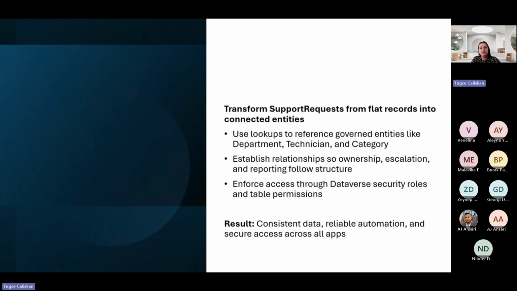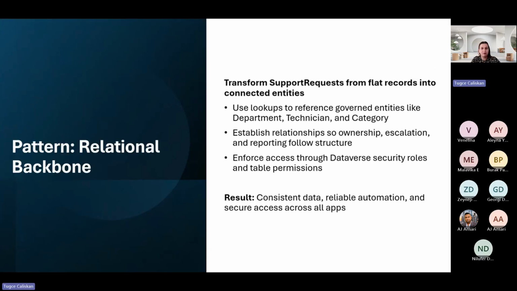The pattern to this is to create a relational backbone. Within this, we store plain values in their respective tables, right? We actually create a relational structure. This means the platform can understand who owns this request, who this technician is, what this category is.